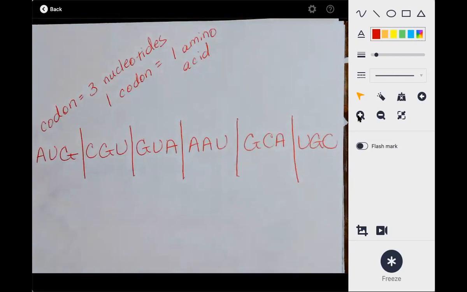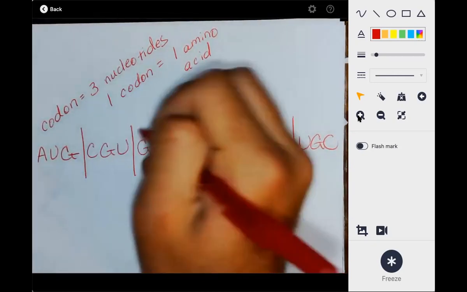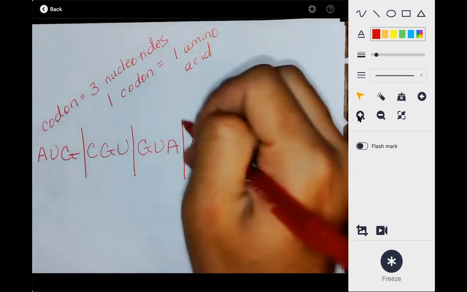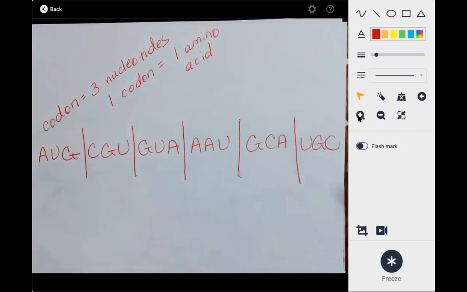Okay. And so I drew these lines in here, not because there are lines in a strand of mRNA, but because it helps me figure out where the codons are. So I took my strand of mRNA and I just divided it into groups of 3. I counted 1, 2, 3 slash 1, 2, 3 slash and so on.